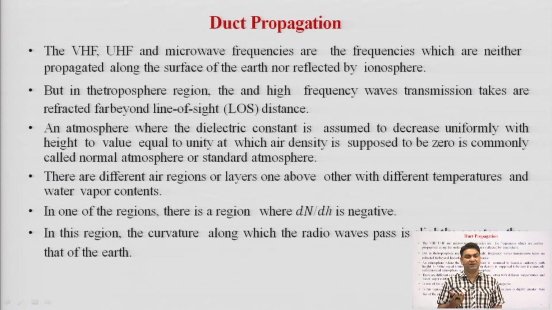When they happen, duct propagation occurs in the atmosphere. The VHF, UHF and microwave frequencies are neither propagated along the surface of the earth nor reflected by the ionosphere. Obviously, the frequency range under the categories of skywave propagation, space wave propagation and ground wave propagation is limited up to 300 megahertz only.